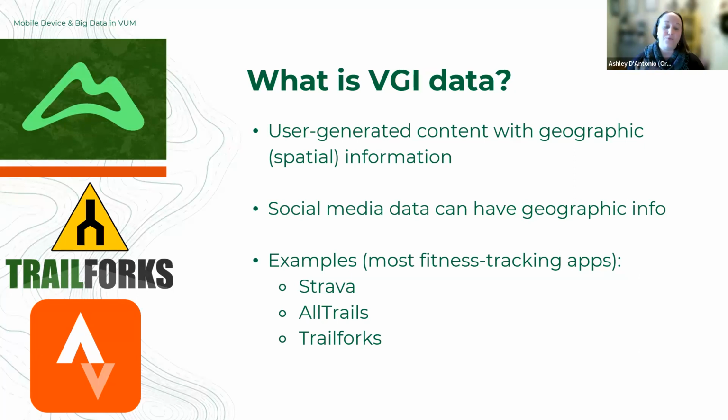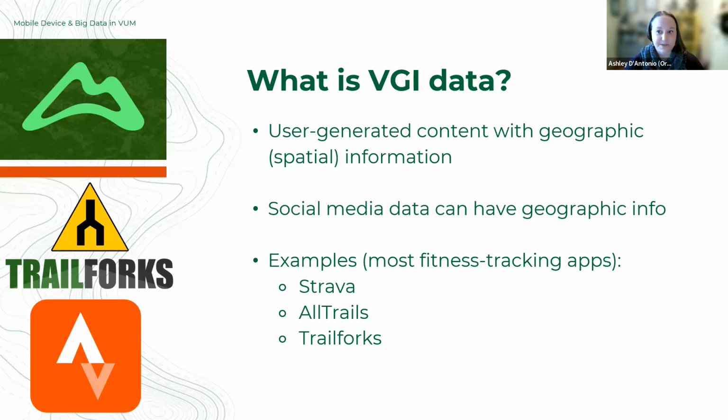And so a really common source for VGI data in parks and protected areas and in visitor use management scenarios are some of our fitness tracking apps, things like Strava, AllTrails, Trailforks. These are apps where folks log essentially their run or their bike ride on a particular trail, and you can get a little bit more behavioral data than you might get from a social media post, which may just be a photo taken at one point.